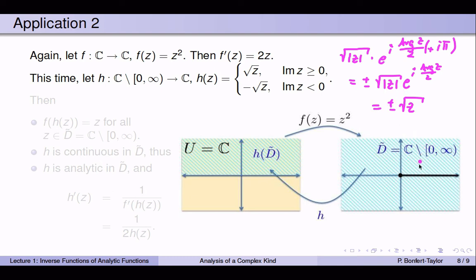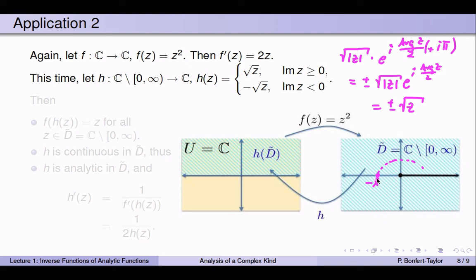So now I want to define a square root function on the complex plane minus the positive real axis. If I choose the regular square root function on the upper half plane, then as my z's approach a point -x on the negative real axis, the square root of those points wants to be on the positive imaginary axis.